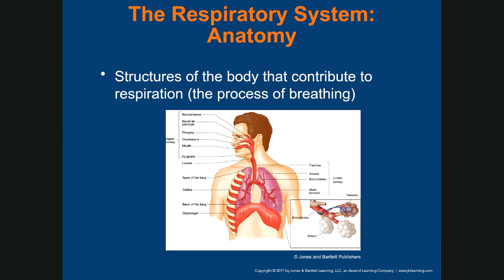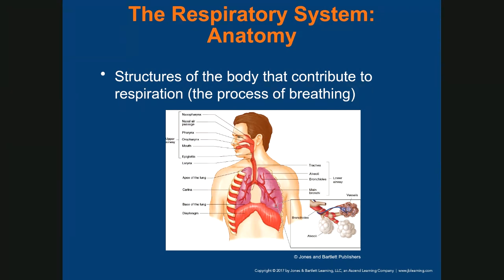Now the function of the upper airway is simple. Just remember W, H, F, right? W, H, F, and that's it. So W, the upper airway structures are responsible for warming the air that we breathe in.